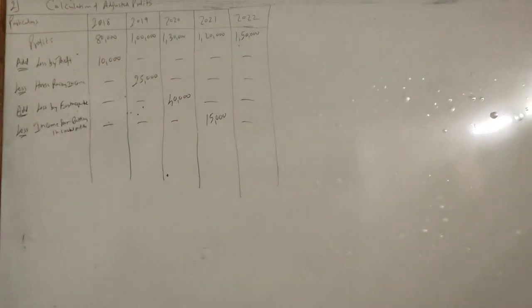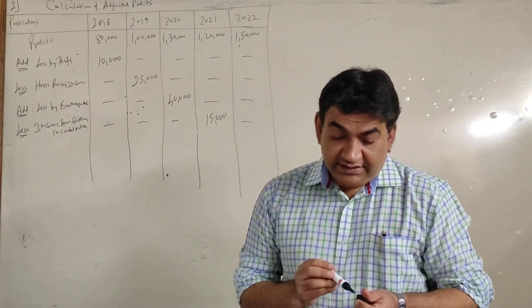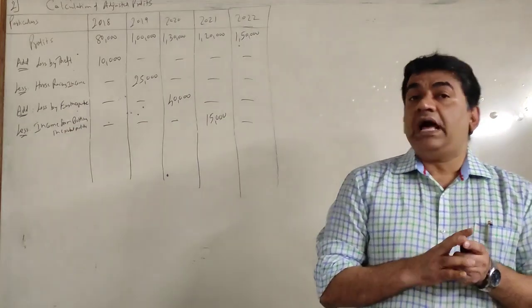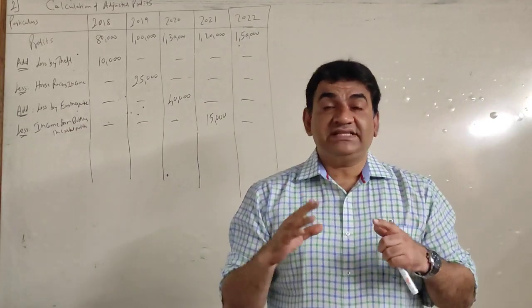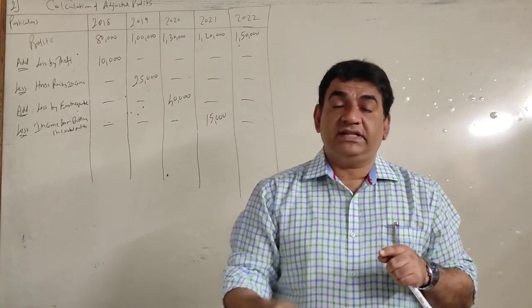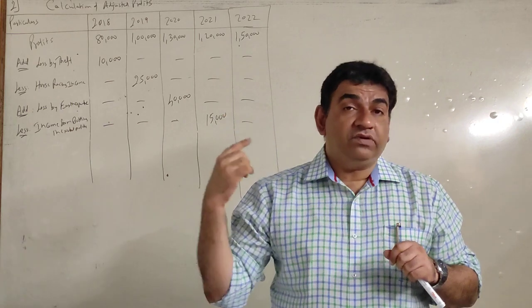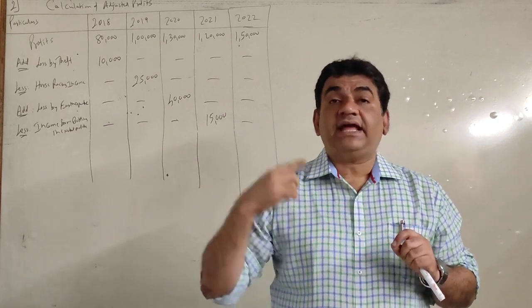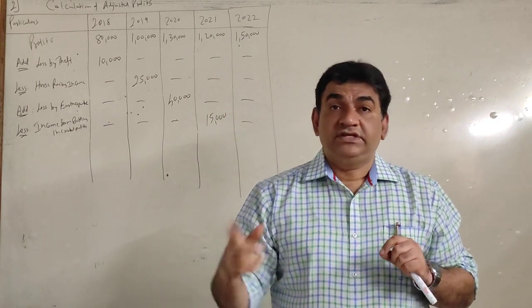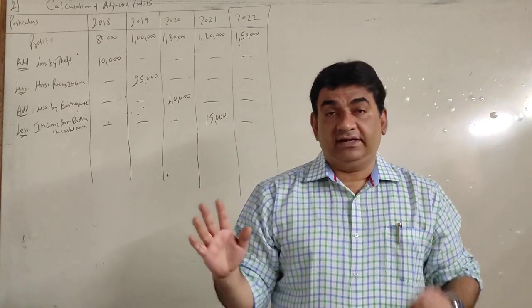Now, you have purchased an asset. Here it is machinery. Normally, what we do, you all are doing since FA6, when we buy an asset, machinery for example, we will debit machinery. And every year at the time of preparing final accounts, we will deduct depreciation from the relevant year.